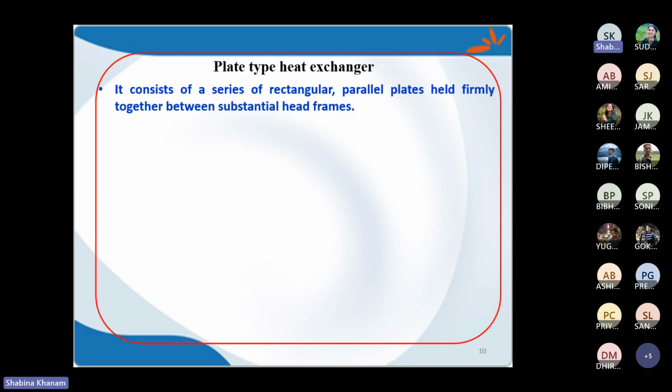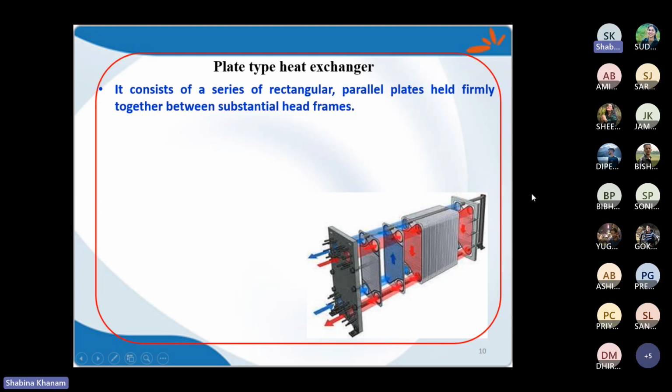Okay, so this type of heat exchanger includes a series of rectangular parallel plates held firmly together between substantial head frames. If you see here, I'm having the particular frame. So this is one board where we have all nuts and bolts through which these plates are attached.